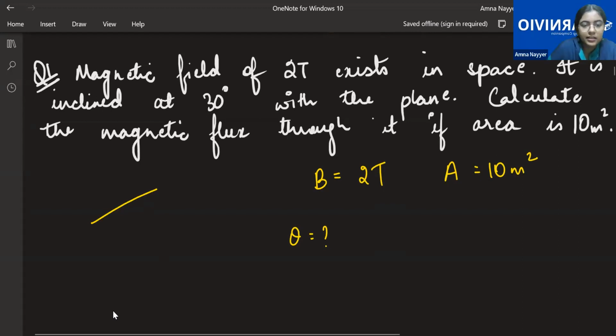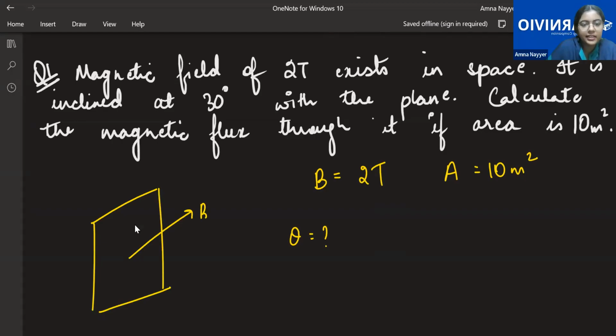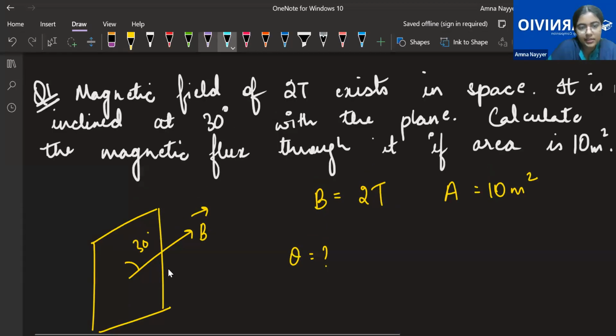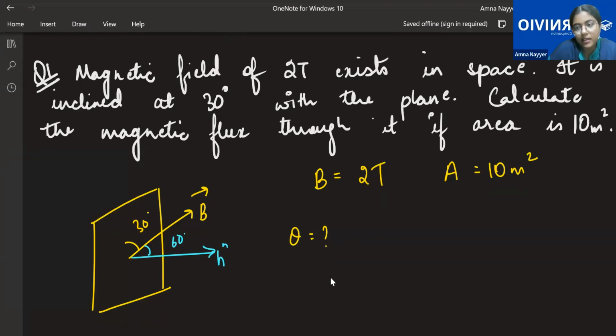See, this is the plane surface. This is the magnetic field. This is 30 degree. We don't choose this. We choose this angle. And this will be 60 degree. You have to take the area vector. Okay, so this won't be 30. This will be 60 degree.